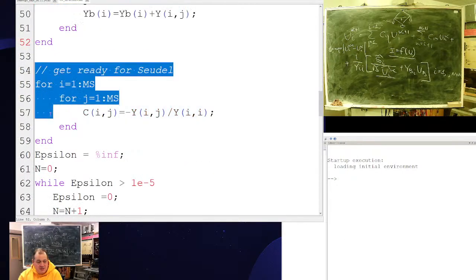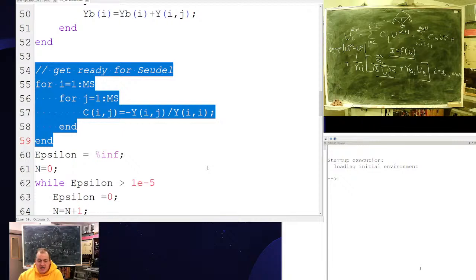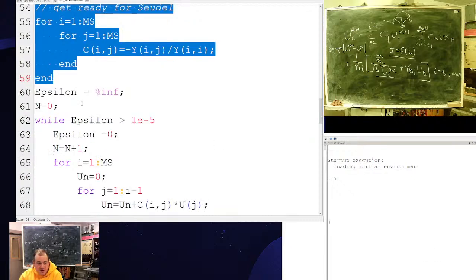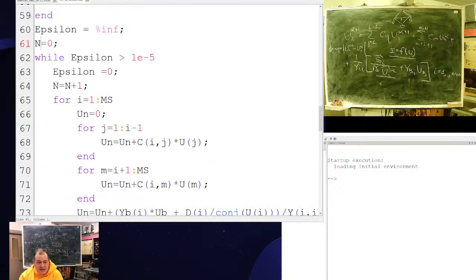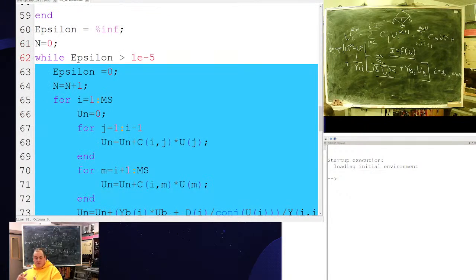Next step, I need this transposed C matrix for the Seidel technique, as I used before. Simple, very simple operation, 2-4 cycles. Precision, number of steps.